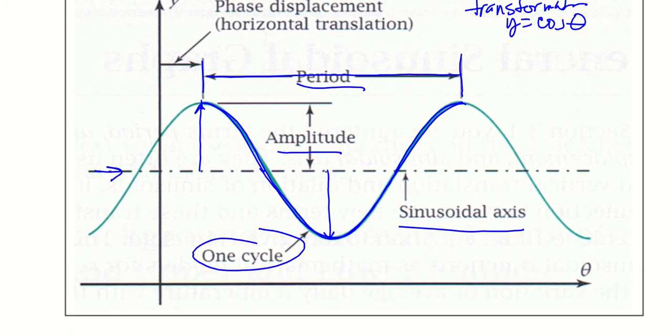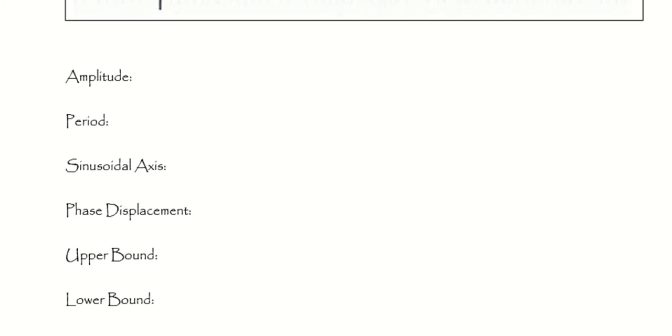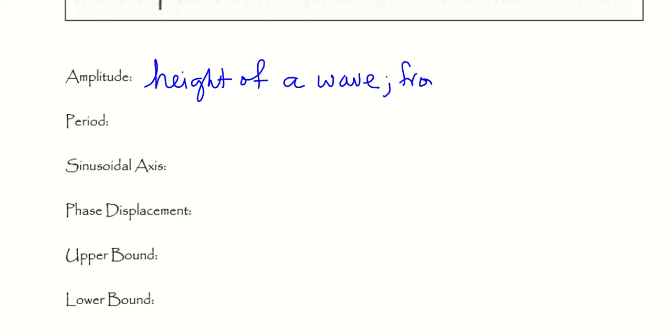So let's take all that and put that and a few more things in writing. Our amplitude is the height of a wave, and that is from the sinusoidal axis, I'm going to use SA for sinusoidal axis, to a vertex of that wave, so a high point or a low point.